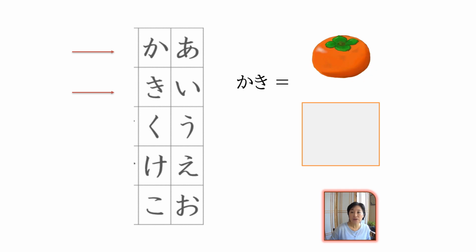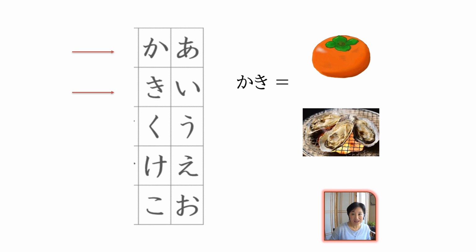How about this one? Please read. はい。柿 Kaki can mean either persimmons or oysters, depending on the pronunciation. So kaki for persimmons, kaki for oysters. Both are delicious.